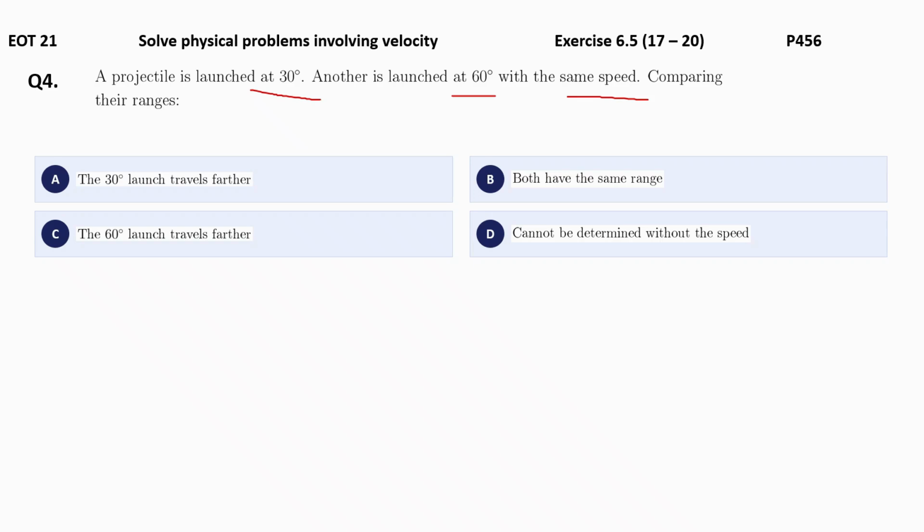Look at sine 2 theta. When you consider 30 degree, this is 60 degree, it gets added up to a total of 90 degree, which is complementary angle, right? You can either use this idea to fix the answer, both have the same range, or you can try it out. The difference happening only at the sine value, isn't it?